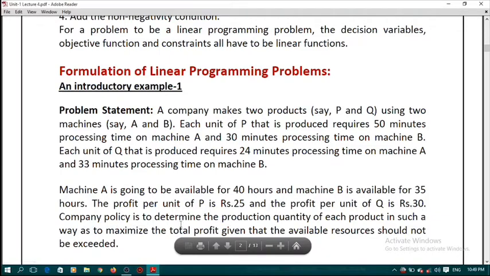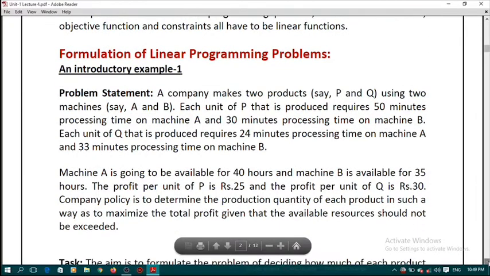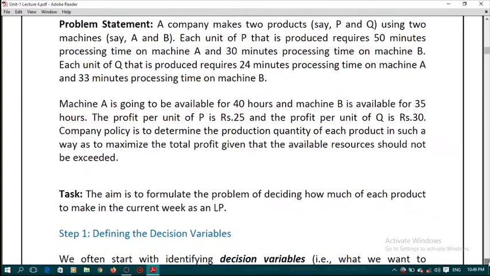Company policy is to determine the production quantity of each product in such a way as to maximize the total profit, given that the available resources should not be exceeded. So here our task, the aim, is to formulate the problem of deciding how much of each product to make in the current week as an LP.